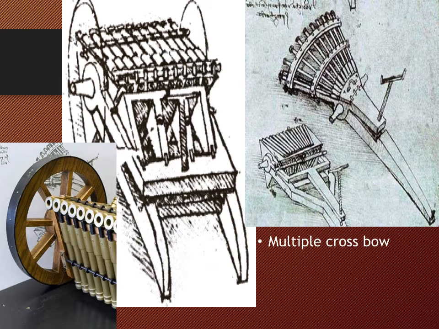But the one thing about the arrows, it took too long to load 10 arrows onto one gun, and it just wasn't useful for that. It was faster to do one at a time.